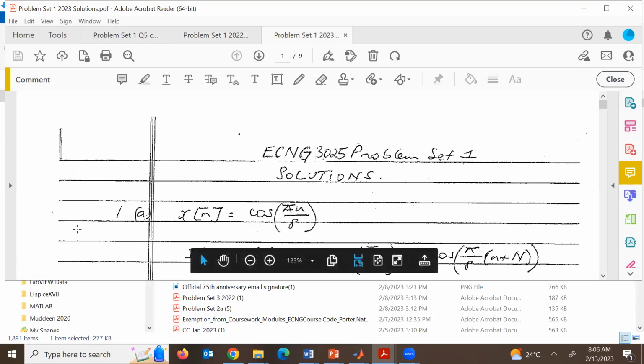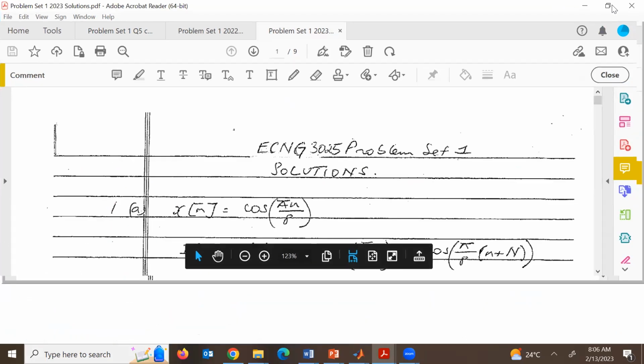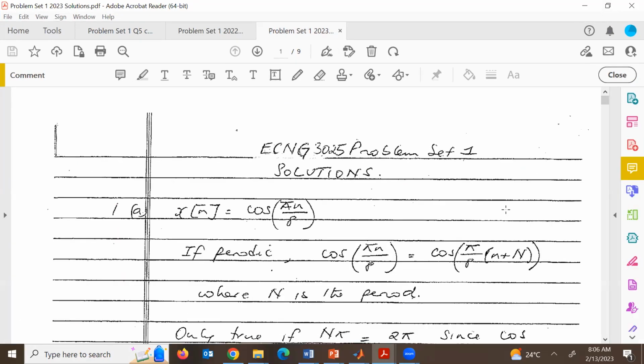If you remember, the issue of whether the discrete time signal was periodic or not had to do with whether you can find a number of samples after which the signal repeated itself.